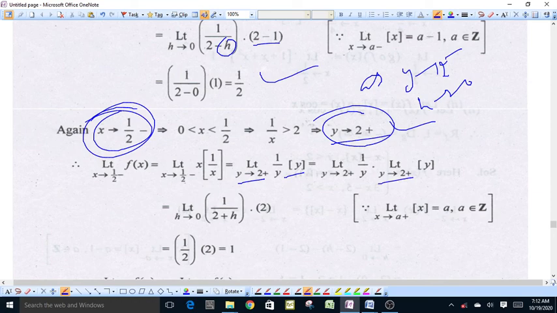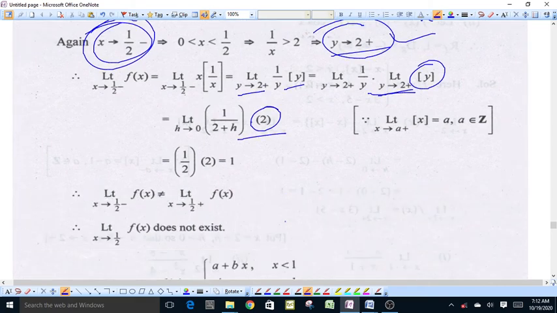Now when y is always greater than 2, value of this greatest integer of y will be equal to 2, and for right limit we put y is equal to 2 plus h, because y approaches to 2 from right, where h is a positive number, and as y approaches to 2 from right, h approaches to 0. This limit becomes equal to limit h approaches to 0, 1 by 2 plus h into 2. Setting h equal to 0, we get half into 2, that comes out to be 1.